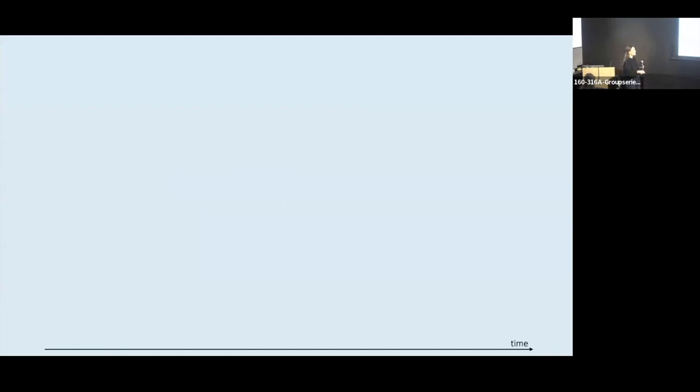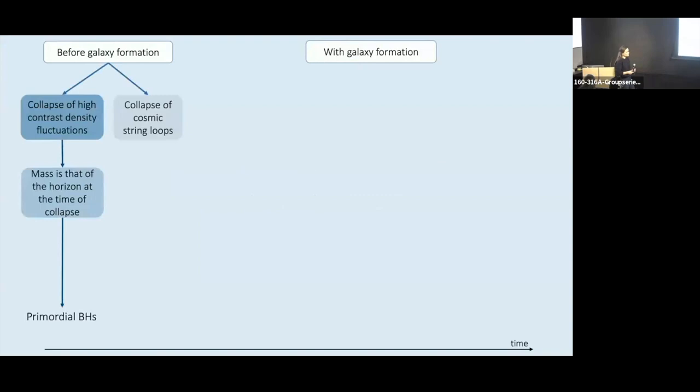But if we look at the timeline of the universe's history, we think that black holes can form either before even the first galaxy, so very, very early on, possibly as early as inflation, and then most of the common mechanisms in the field are actually forming black holes within galaxy formation, or at least at the time where the first galaxies start forming.